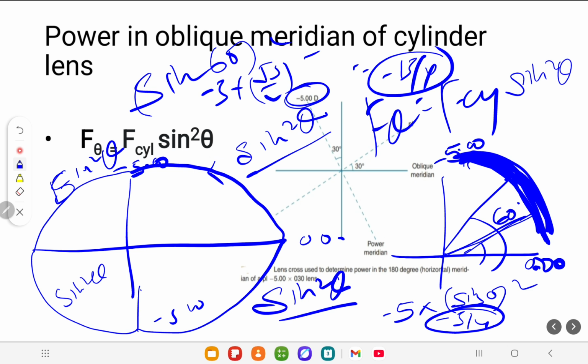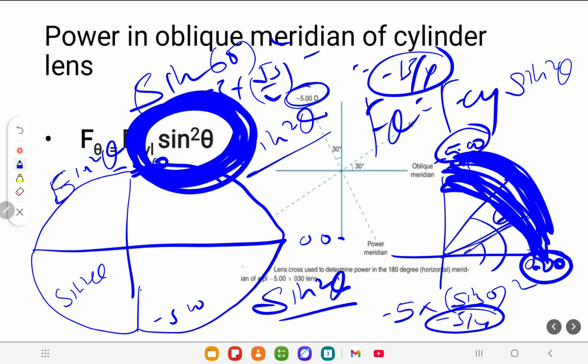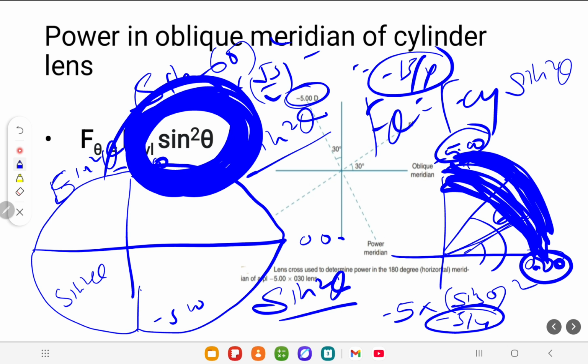It's not zero between 5 and 0 diopter. There is a power variation between these points, and the power variation depends upon the sine square theta function. So it's centrally important to understand how the sine square theta function plays its role for the meridians of cylindrical lenses.